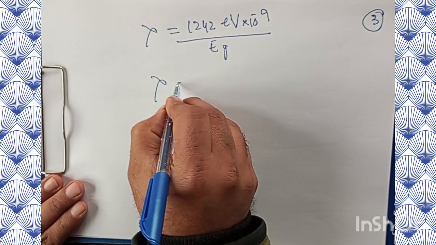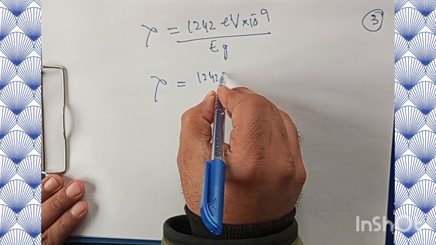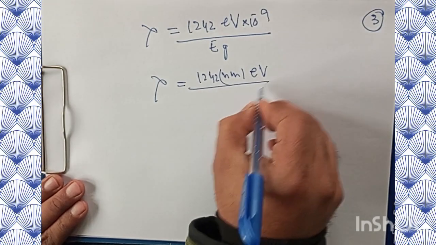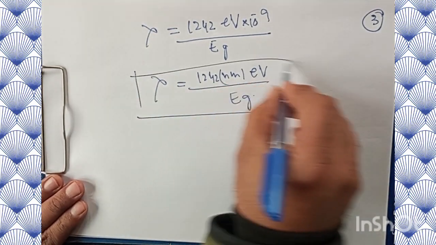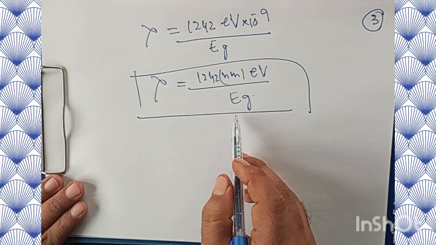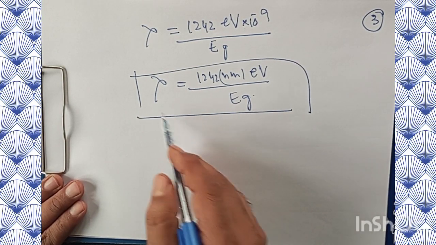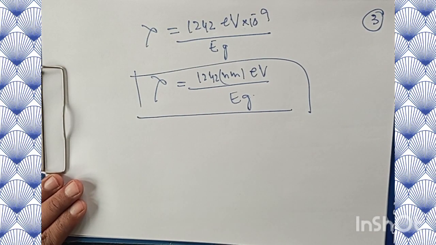Okay, so we can calculate lambda here. So this is 1242 nanometer electron volts divided by band gap. Now from this equation, if we know the energy gap of this PN junction, we can calculate the wavelength of the light that's emitted by this light emitting diode.